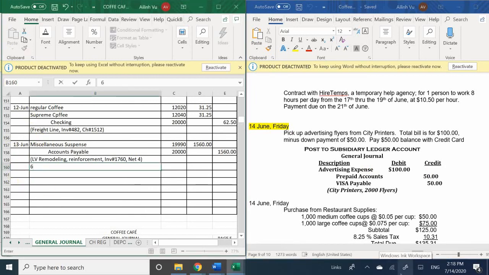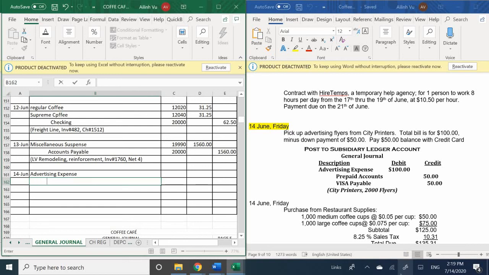Okay. Oopsies, wrong one. 14. Yes, 6/13. Okay, so we have advertising expense, and then what else?